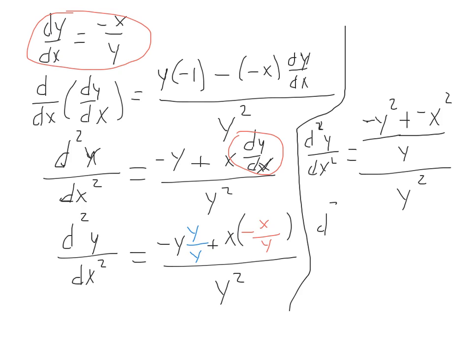So if you're comfortable with your complex fractions, you're going to multiply that by 1 over y squared, and we'll be left with the opposite of y squared minus an x squared all over y cubed.